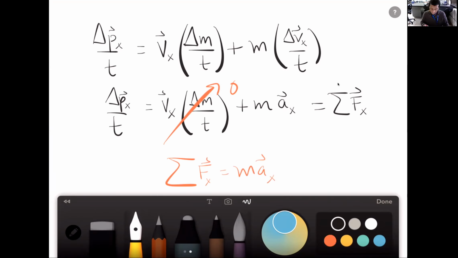If it's a baseball bat and a ball, you're going to apply a force to a ball for a given amount of time. And when you do, you change the momentum accordingly.